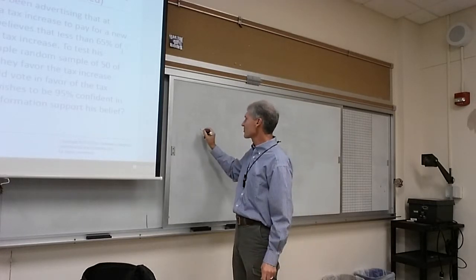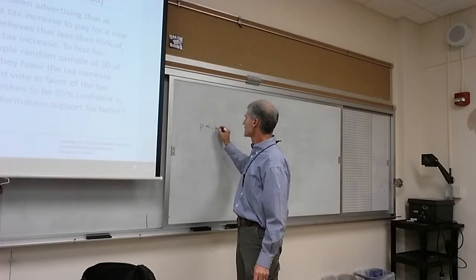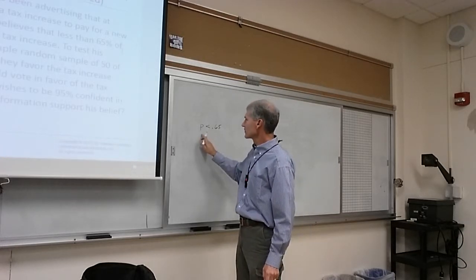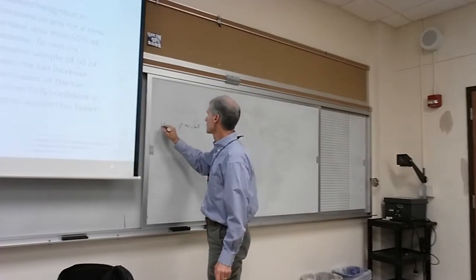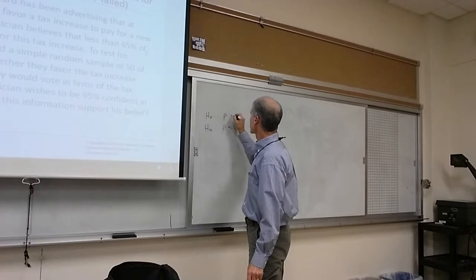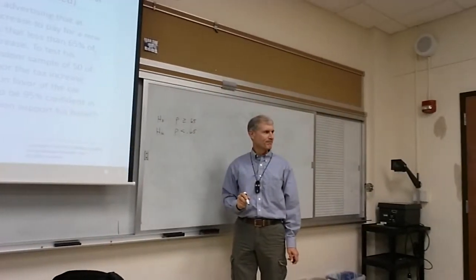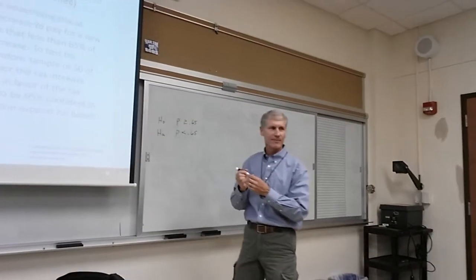P. Population proportion, which is P. So P is less than 0.65. Is that the null or is that the alternative? That's the alternative. So the null is P greater than or equal to 0.65. So we've stated the null and alternative hypothesis. What's the next step?